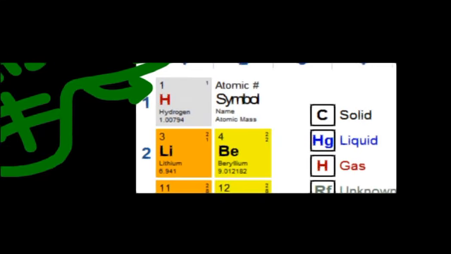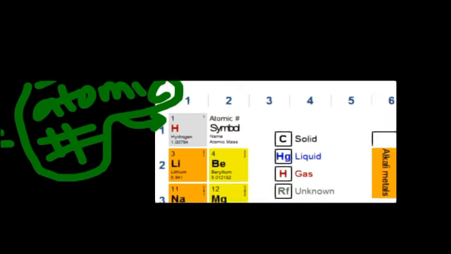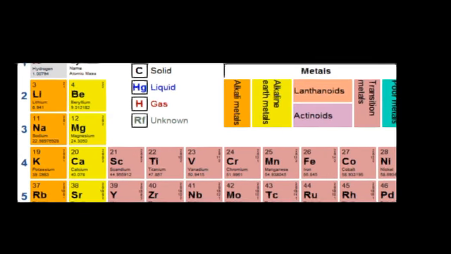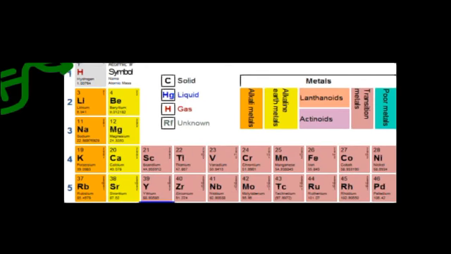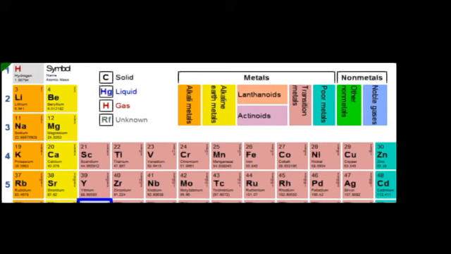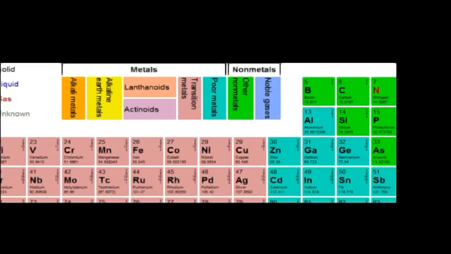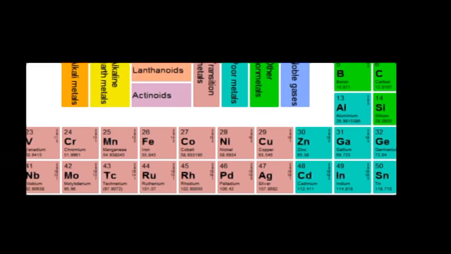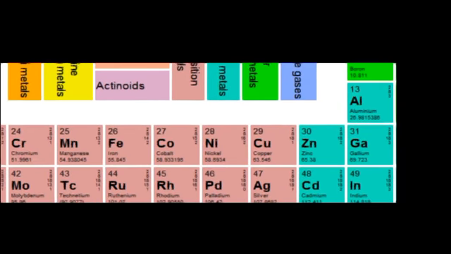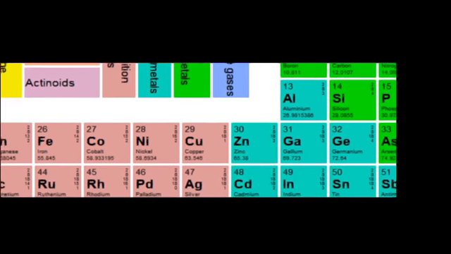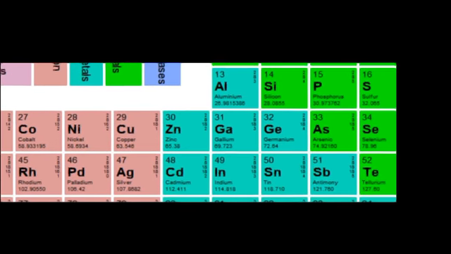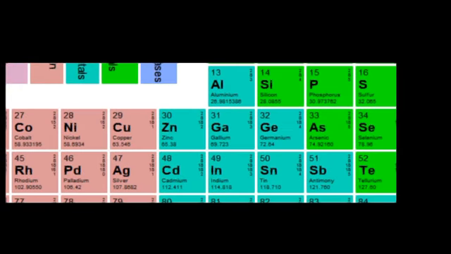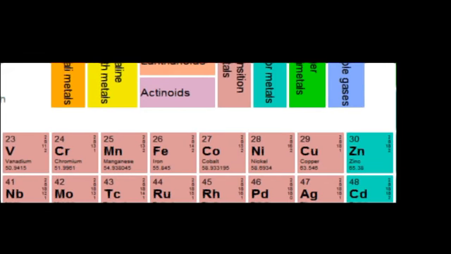So why didn't we use this atomic mass for the atomic number? Because I believe Mendeleev was corrected by some other brilliant guy. Here, it's cobalt and nickel.